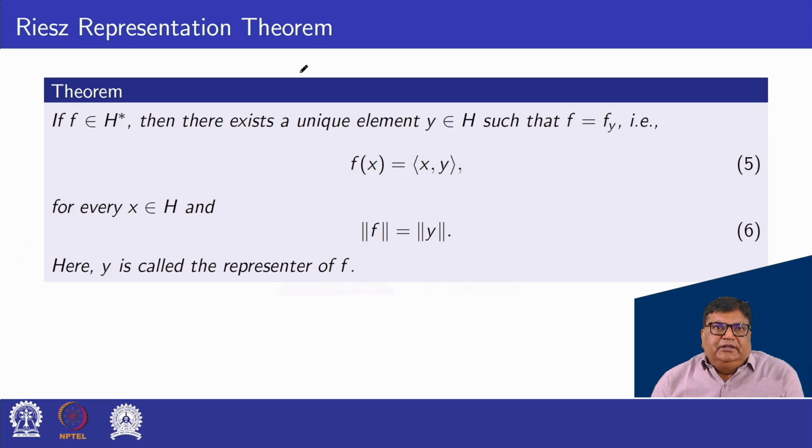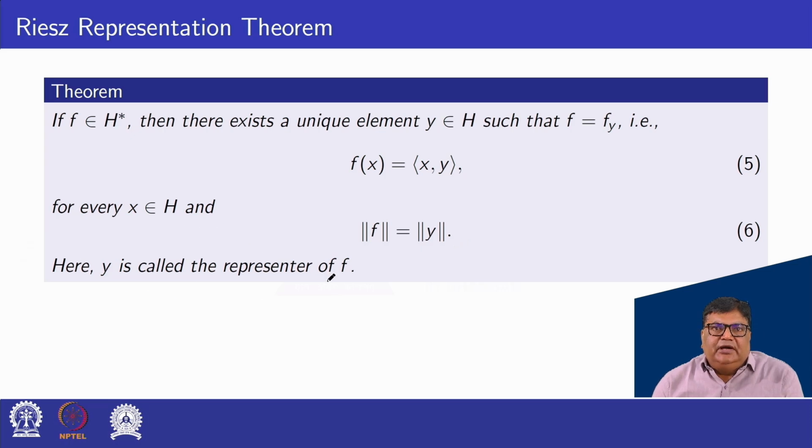Riesz representation theorem. If f belongs to H star, then there exists a unique element y belonging to H such that f is equal to fy, that is, fx is equal to the inner product of x, y for every x belonging to H, and norm f is equal to norm of y.